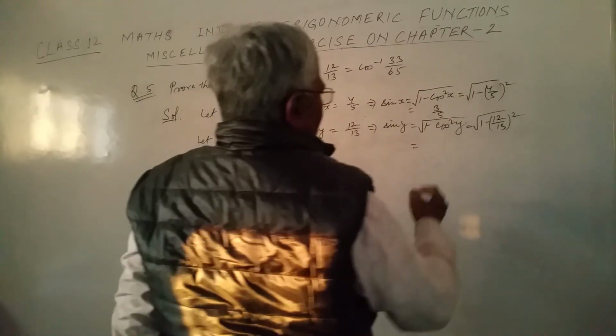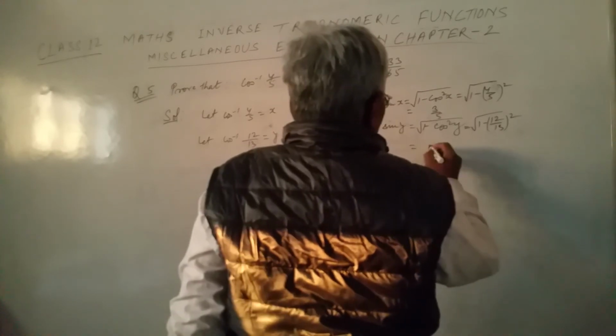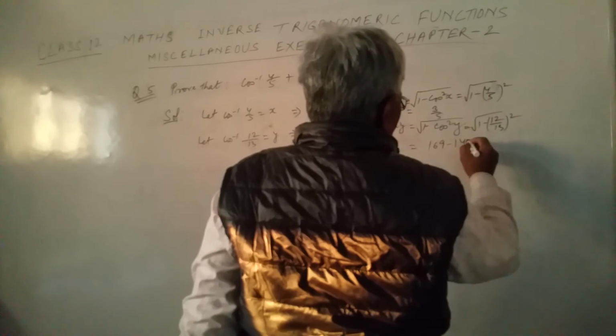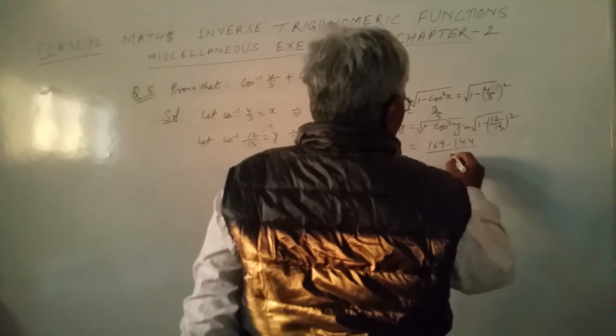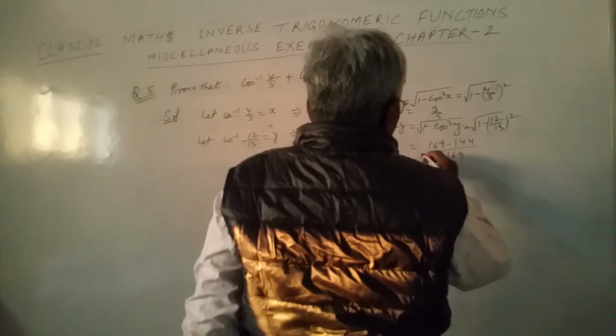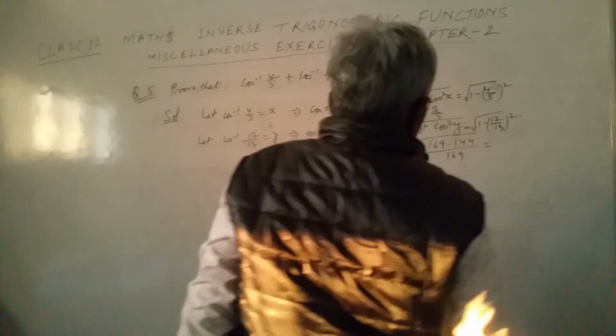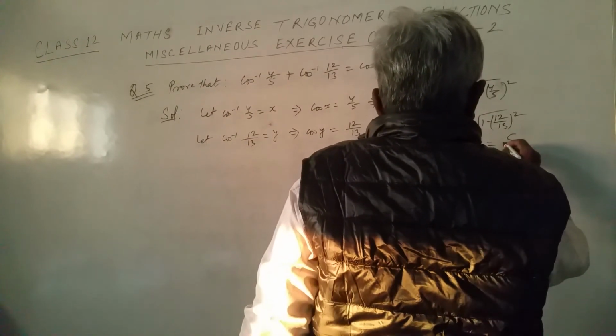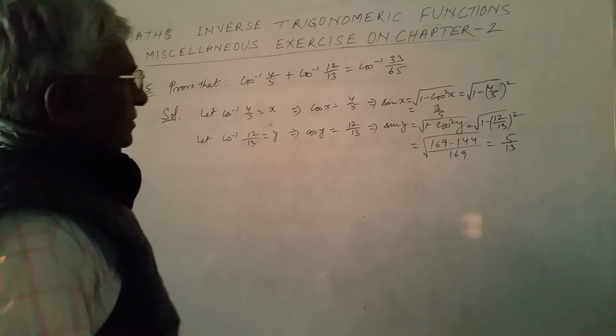You are getting 169 minus 144 upon 169. It gives the result 5 upon 13. Okay.